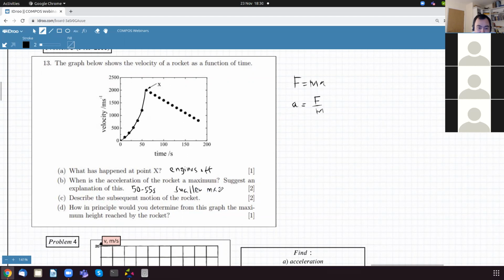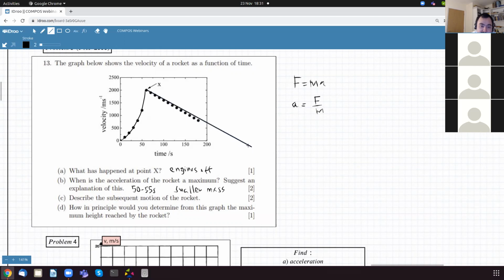I'll just write it down. Describe the subsequent motion of the rocket. Now, this is a very common mistake, and it catches out a lot of people. And this is a common question on the Oxbridge interviews. People say that it is in free fall, falling down.